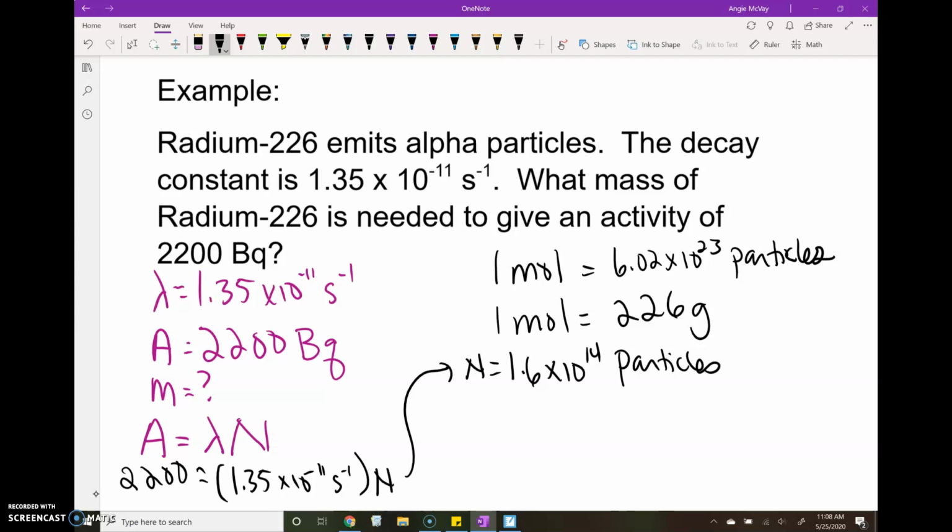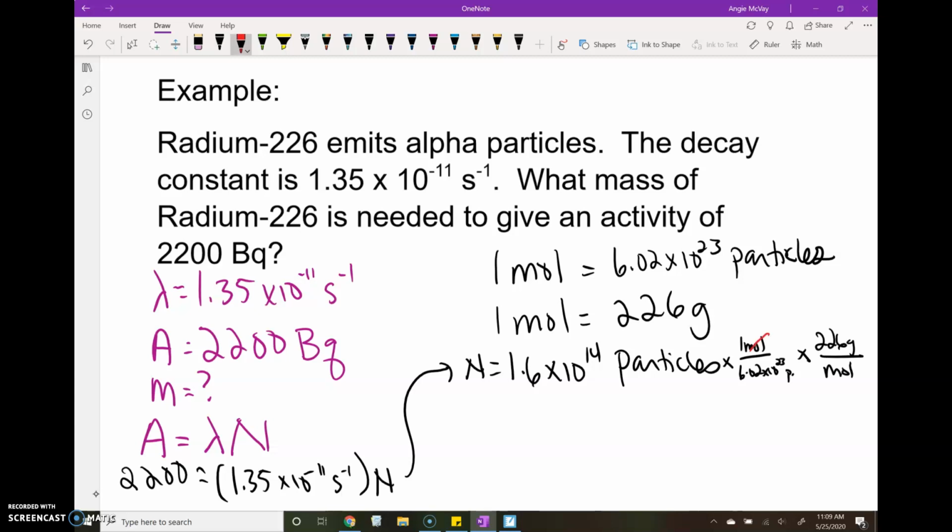Okay. And we can do a little unit analysis here where 1 mole is equal to 6.02 times 10 to the 23rd particles. And we know that there are 226 grams per mole.